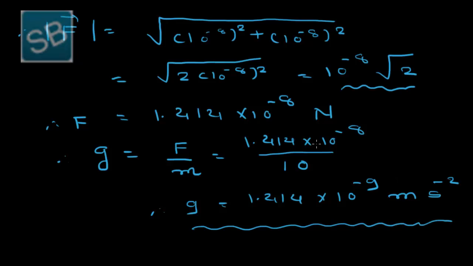So this is illustration number 7, in which we have found the value of force as well as the value of gravitational acceleration. Now let's move on to the next approach of this unit, that is gravitational potential energy.